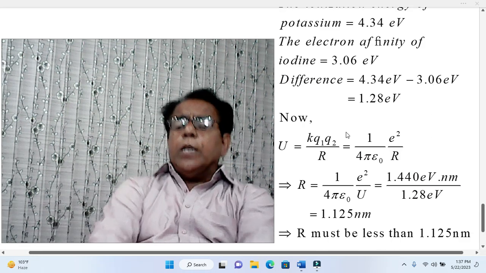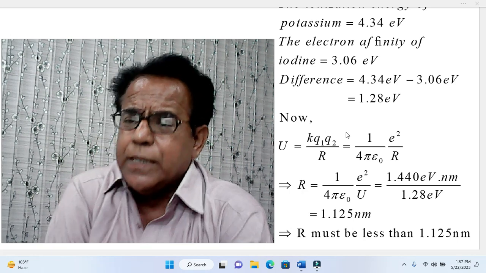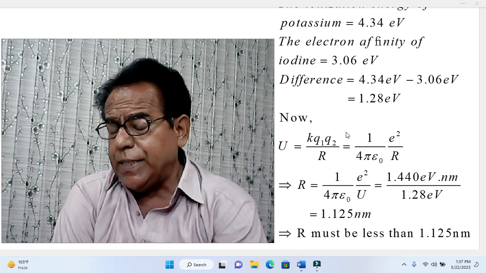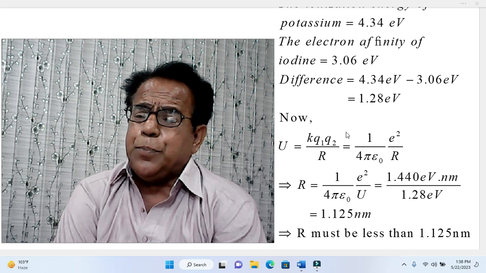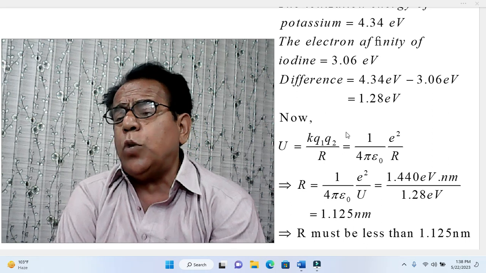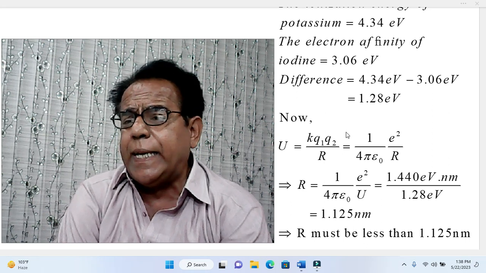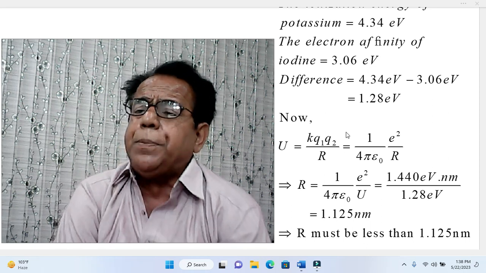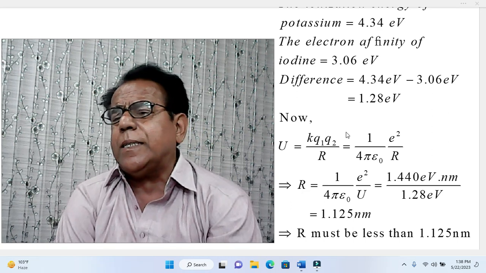Now, using the same expression as in the previous problem, which is basically expressing electric potential, U equals the Coulomb constant K, which is 1 over 4 pi epsilon naught, Q1 Q2 over capital R, where R is the separation distance.